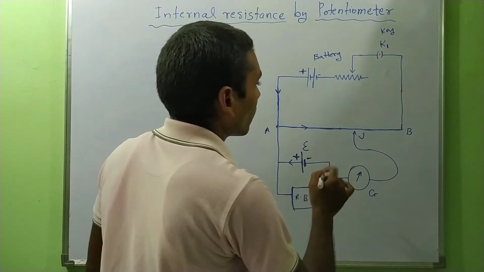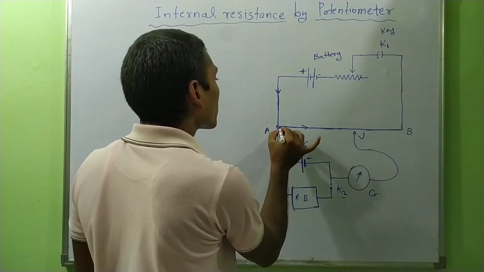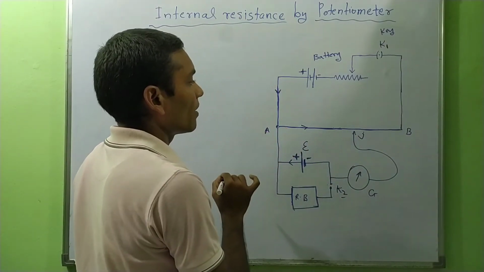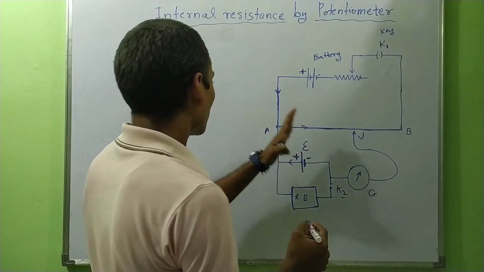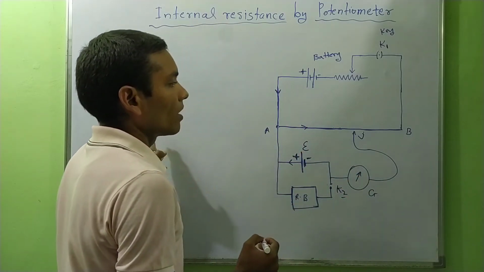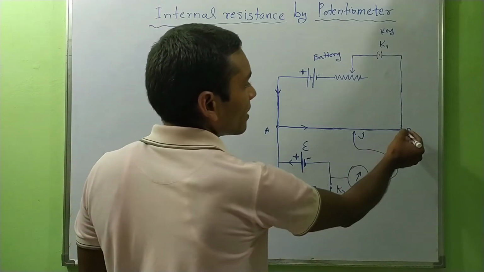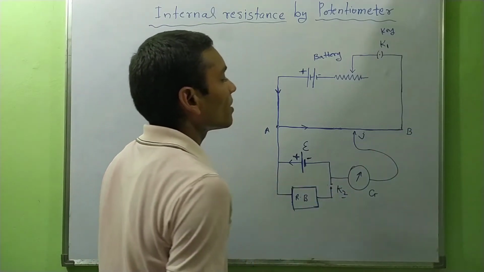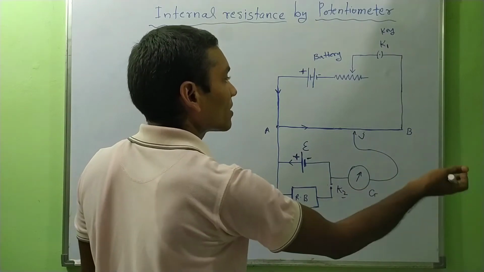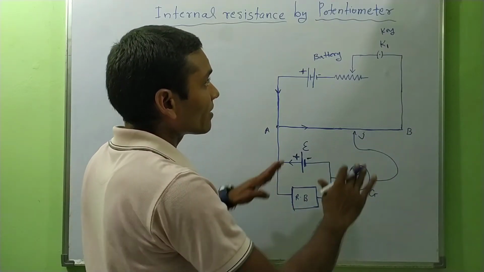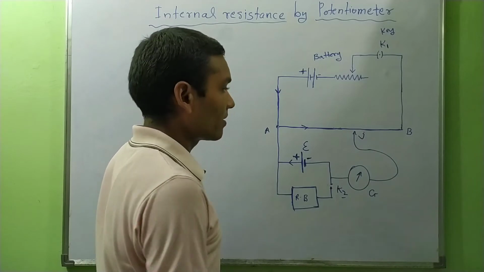When the jockey J is brought near point A, the deflection in the galvanometer is on the left hand side, and if the jockey is brought near point B, the deflection is on the opposite side, then this circuit is correct.